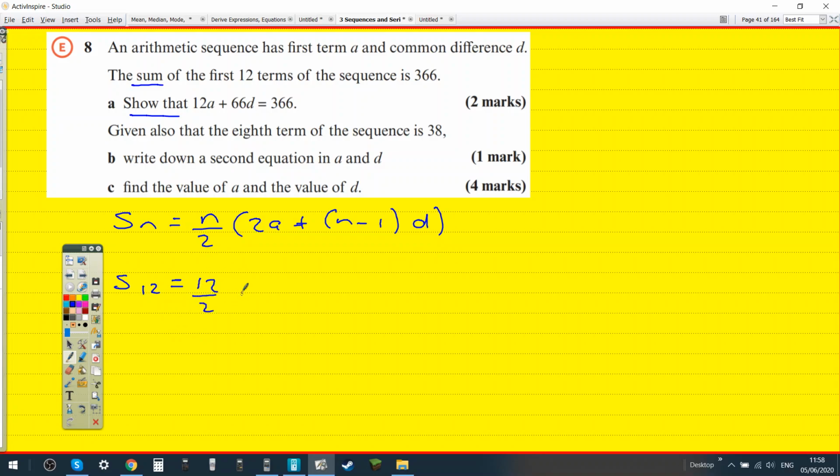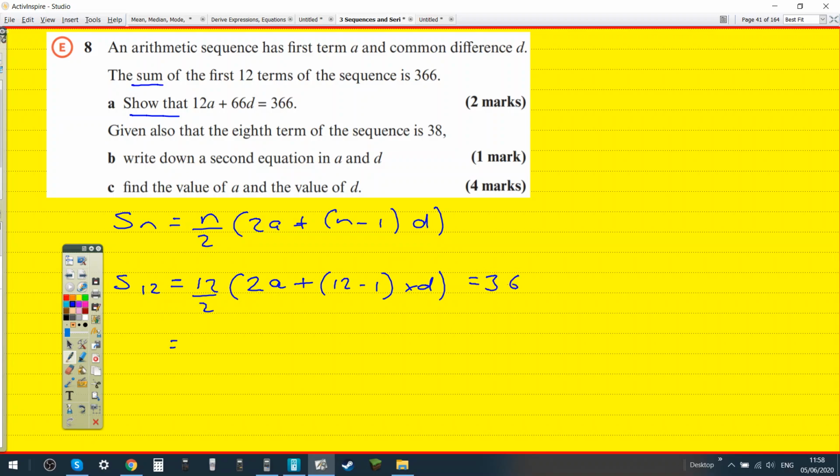Yep. And then 2a plus 12 minus 1 times d. Yep. What is that, and is that all equal to 366?